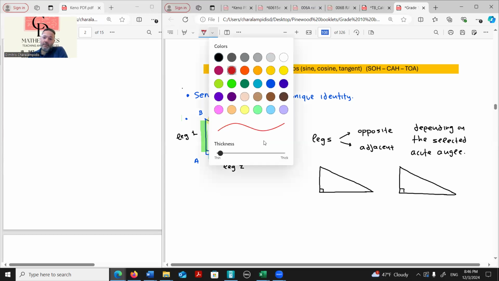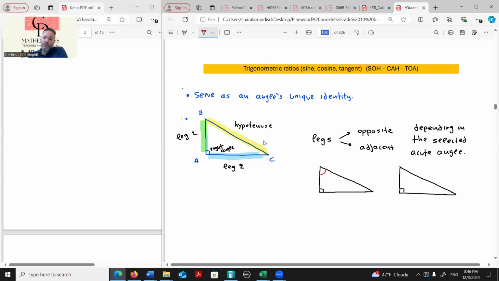If I select my acute angle to be this one, with regards to the naming of the sides, the hypotenuse is always the side which is placed right opposite the 90-degree angle, but from the two legs, the leg which is right next to the angle is called adjacent, while the leg which is opposite that selected angle is called opposite.